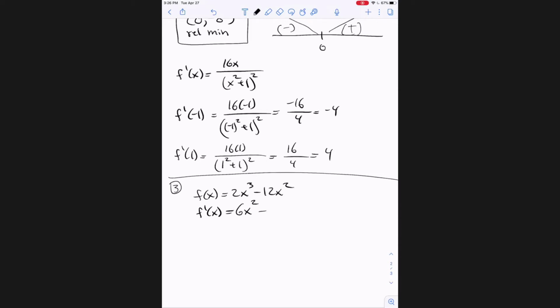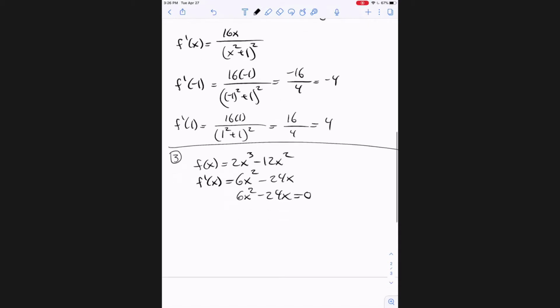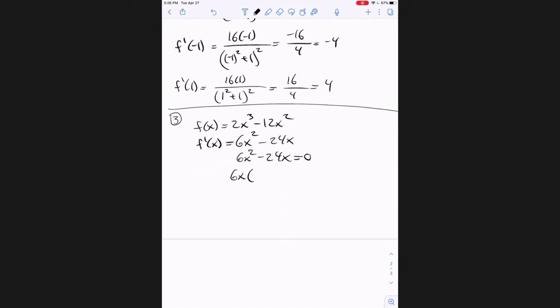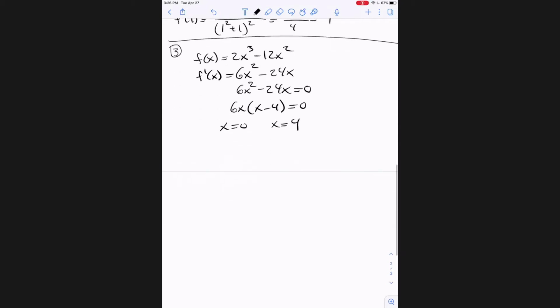The derivative is 6x squared minus 24x. Set the derivative equal to 0. Factor out 6x. So we get x equals 0 or x equals 4. So there's our critical numbers, 0 and 4. So we got three regions to test to determine where it's increasing or decreasing.